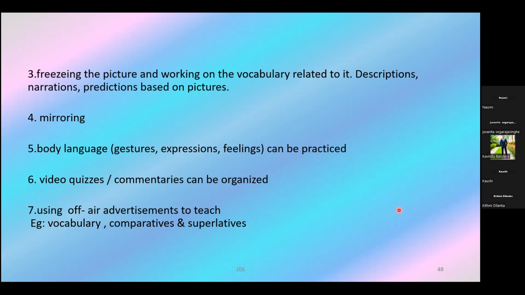What are the other possible ways? Tell me at least one. Madam, what do you mean by mirroring? What do you mean by number 4, mirroring?